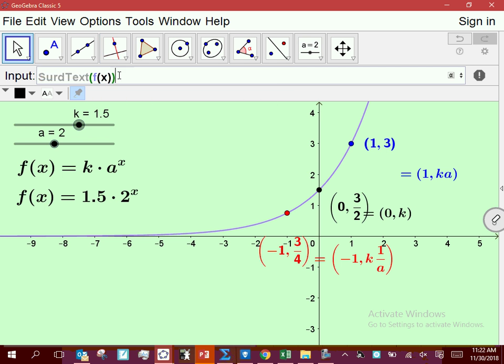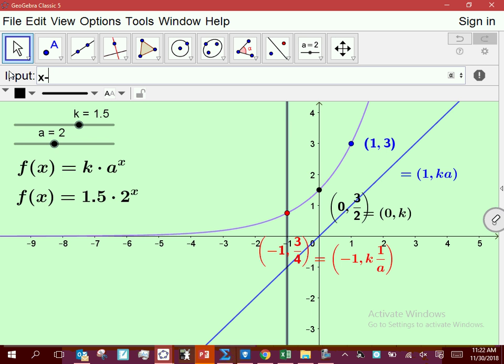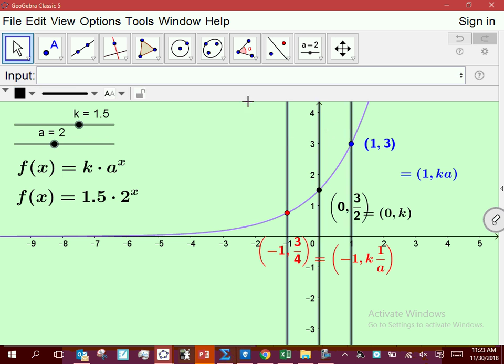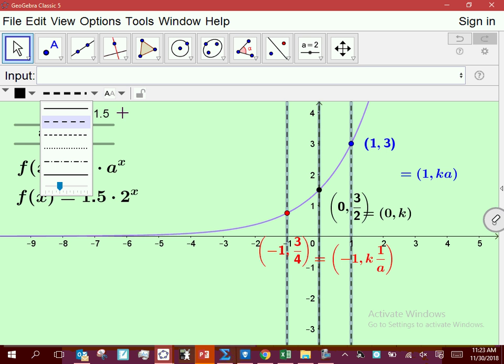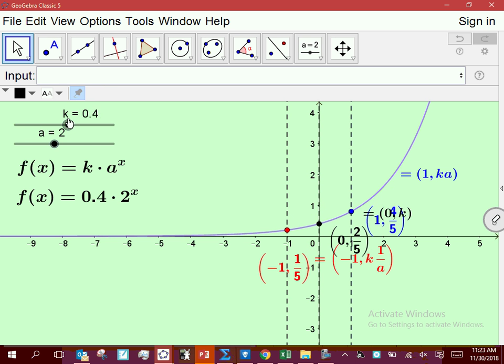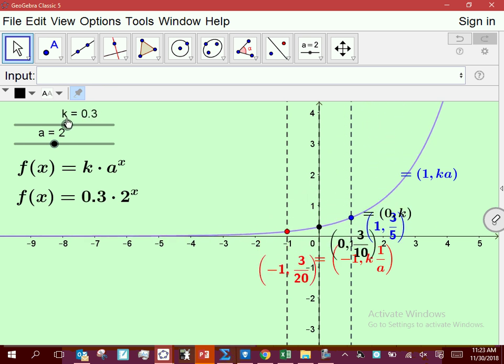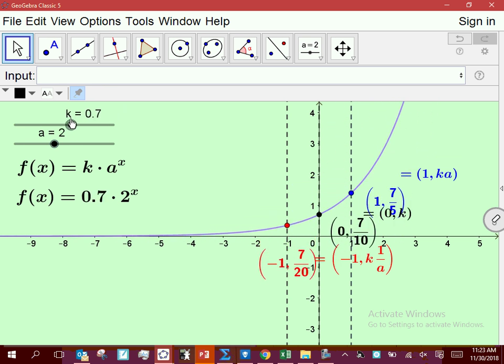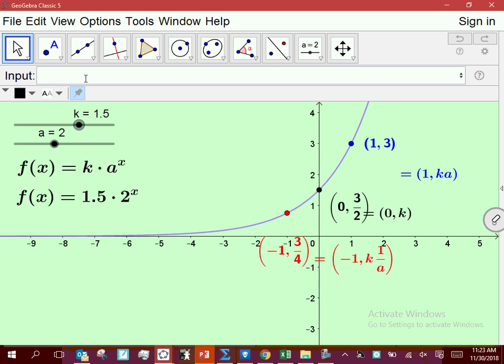If I put in, just to maybe see this a little bit better, the lines x equals -1, x equals 0, and x equals 1, put in those 3 vertical lines as kind of visual indicators for us, you see that when I change K, don't those points simply shift up and down on those lines? Okay, so that's telling us that we're doing a vertical stretch, right? Okay, so that's nice. That's the same as any other function, right? If I had x squared and put a 2 out front, a 3, 4, 5, 6 out in front of it, it's going to take the y values and stretch them.